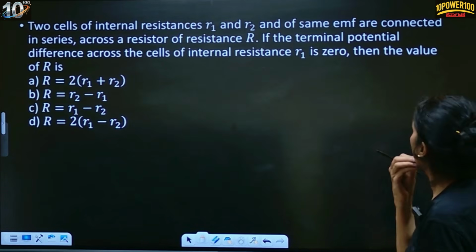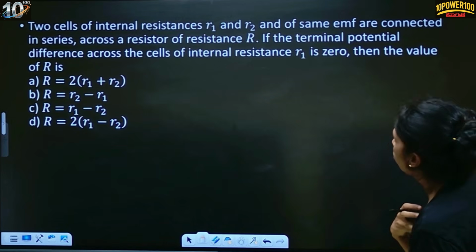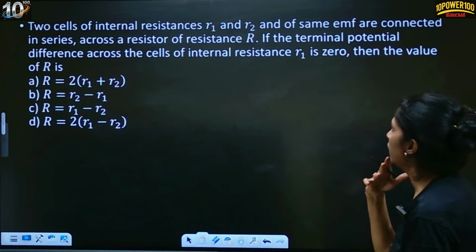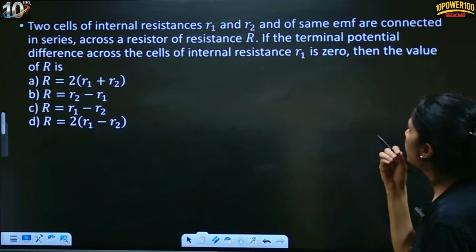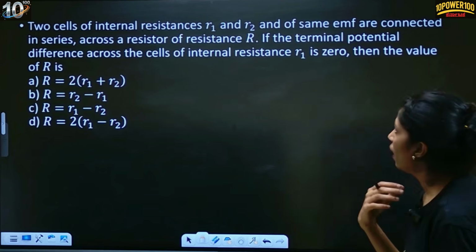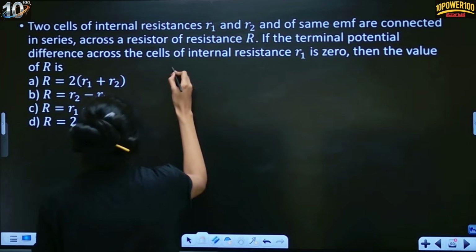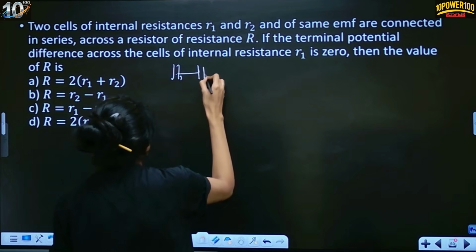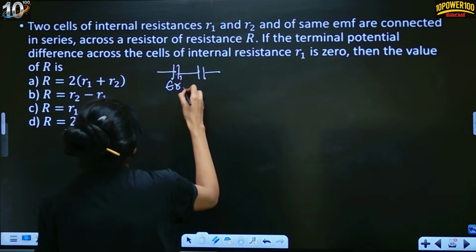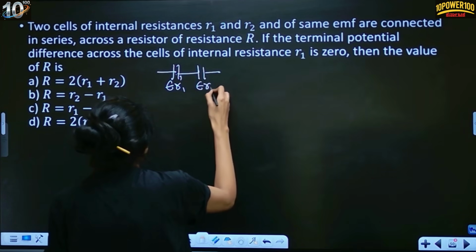Next, 2 cells of internal resistance R1 and R2, and of the same EMF, are connected in series. If the terminal potential difference across the cell of internal resistance R1 is 0, then what is the value of R, they're asking. So here 2 cells are connected in series, guys. This cell has EMF E and internal resistance R1, and the other has EMF E and internal resistance R2.